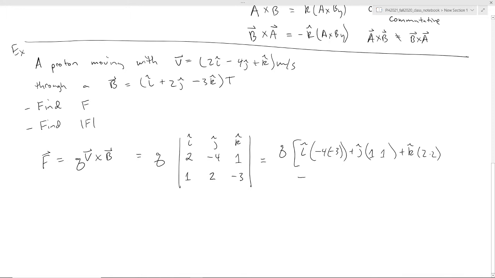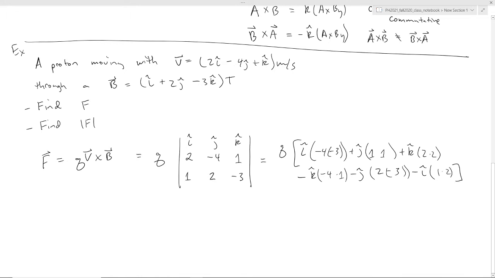And then we would have the negative pieces. We would have minus a k hat times 4 times 1, minus j hat times 2 times -3, and then minus an i hat times 1 times 2.